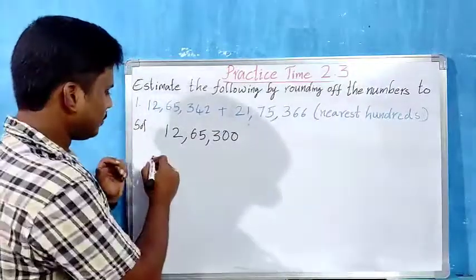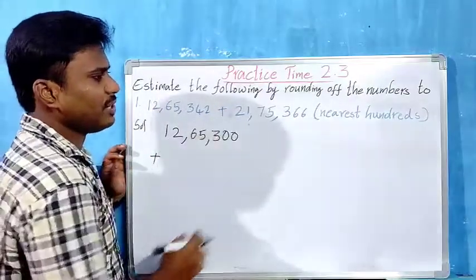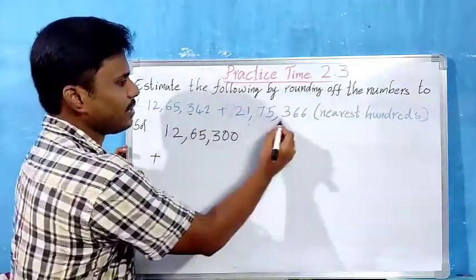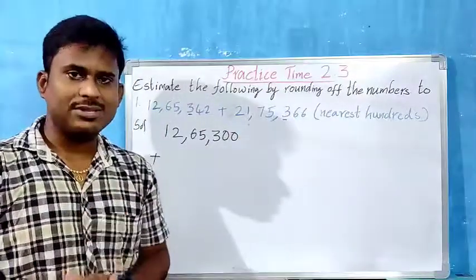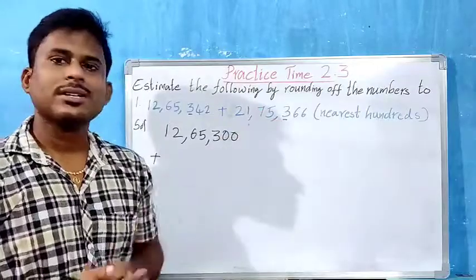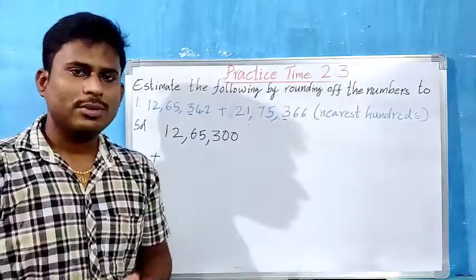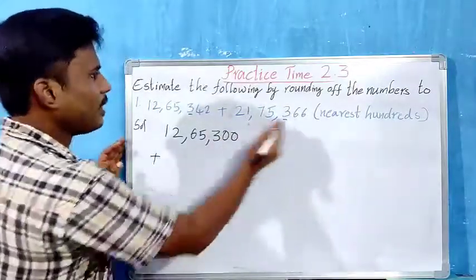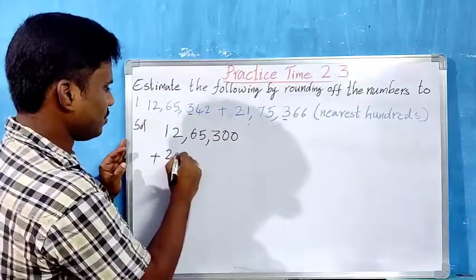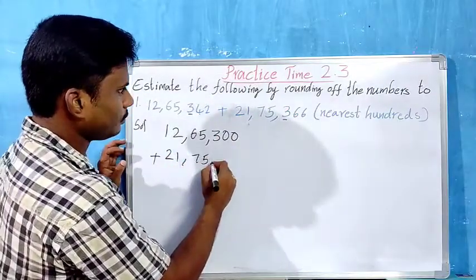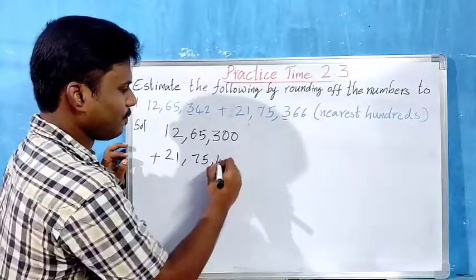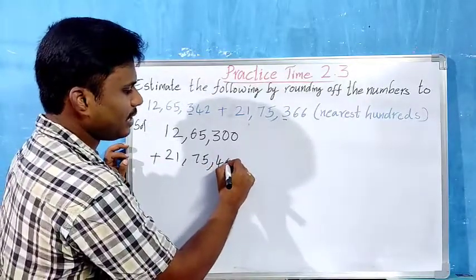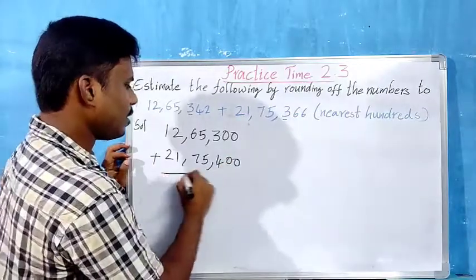Now for this number, as we are dealing with hundreds, the tens digit is greater than 5. When the tens digit is greater than 5, increase the digit in the hundreds place by 1. So the left digits we write as it is, and 3 we increase by 1, so 4, and on the right we keep zeros.